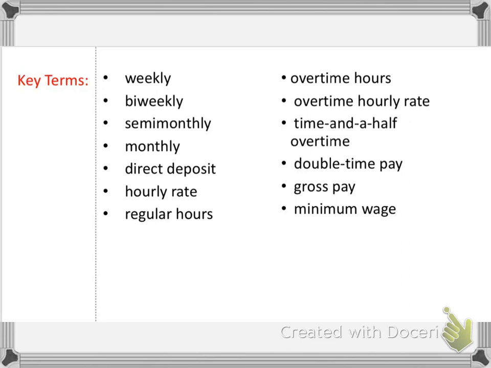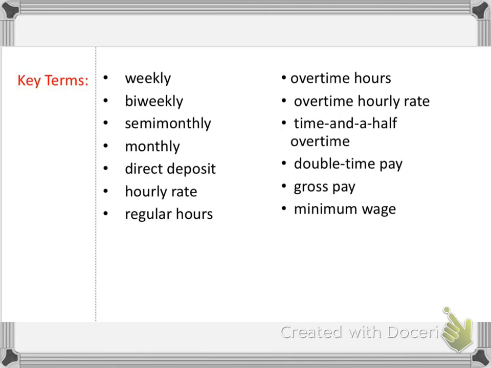Monthly, there's 12 months. Direct deposit, this means that your paychecks are automatically deposited into your bank account. Hourly rate is how much you get paid every hour. Regular hours is what you get in a normal work week.